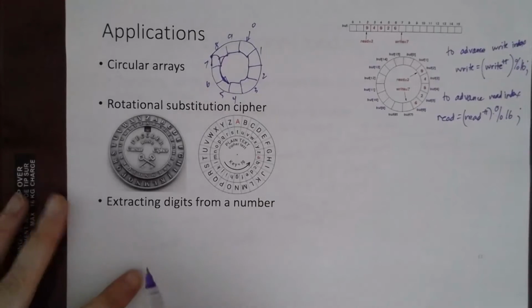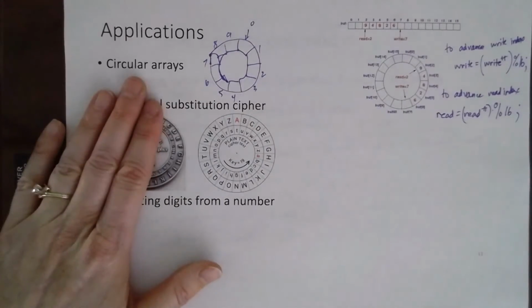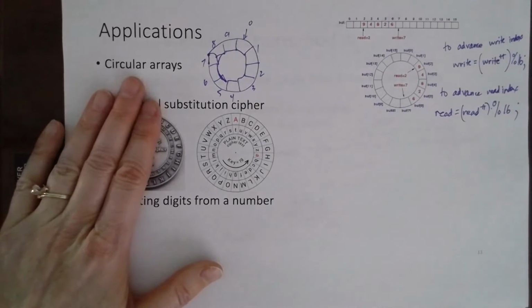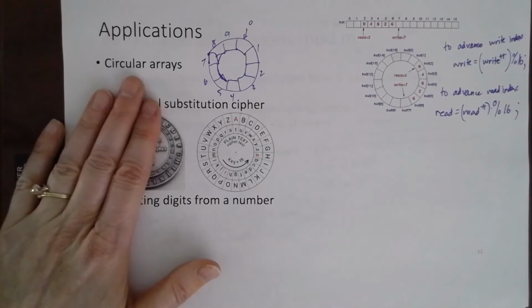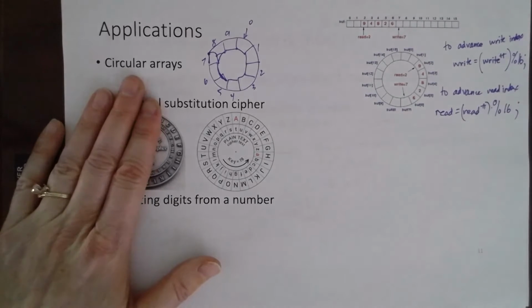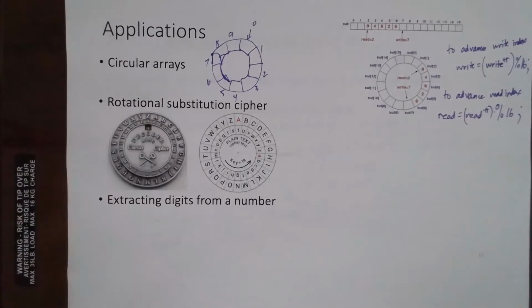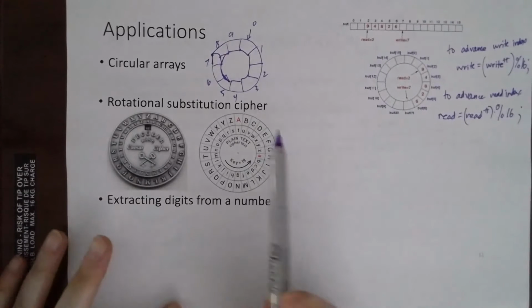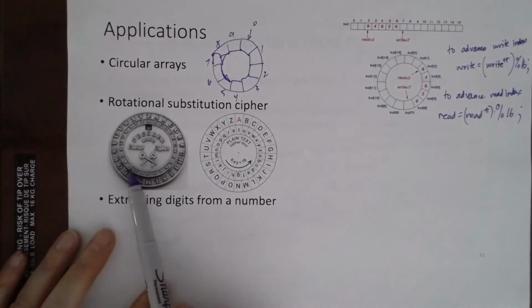Okay, so the idea with a rotational substitution cipher, so a substitution cipher is where you take the letters in your alphabet and then you substitute them with some other symbol. So that could be some crazy symbol like you see on the back of your cereal box when you were a little kid, or some little book that had like triangle is for A and the star was for B, but it's often more likely that we're going to substitute one letter for another letter.